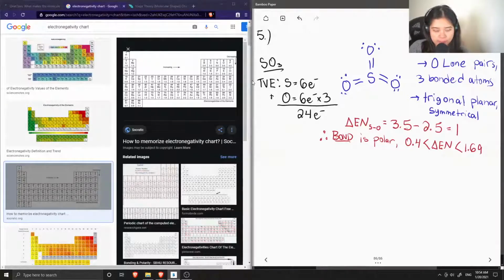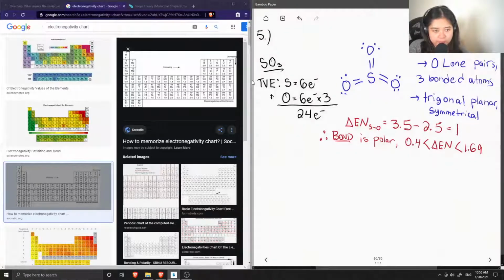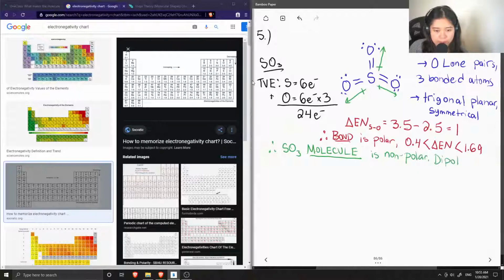Okay, so we know that a sulfur-oxygen bond is polar, but if we look at our molecule, you'll see that all the dipole moments that point towards the oxygens cancel each other out. Therefore, the SO3 molecule is nonpolar, and this is because the dipole moments cancel each other out.